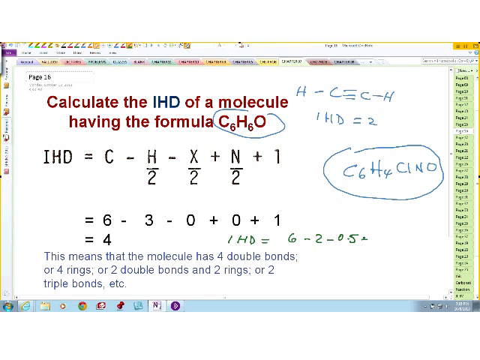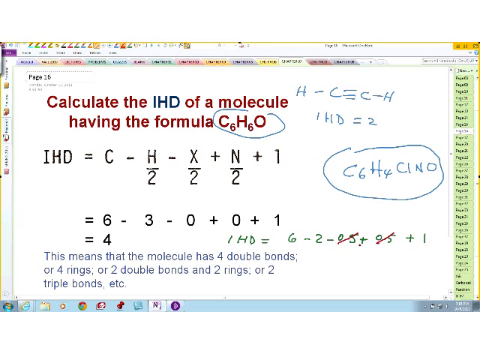So that's plus 0.5 for nitrogen, and then plus 1. Of course, minus 0.5 plus 0.5 cancels out.